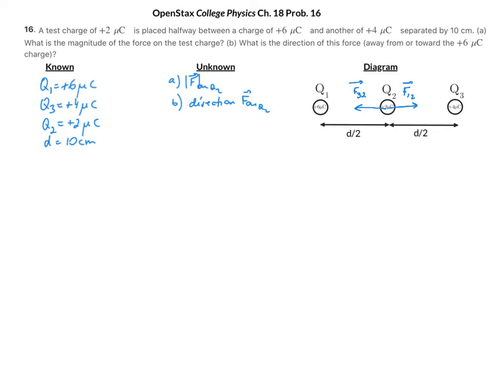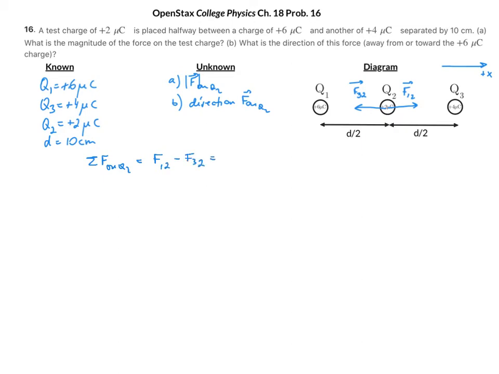So I will pick my positive x direction to be to the right, which means that this force will be positive, this force will be negative. And I will have to find the net force, so I'm going to use F12 minus F32. So I'll write: the sum of the forces on charge 2 is F12 minus F32.